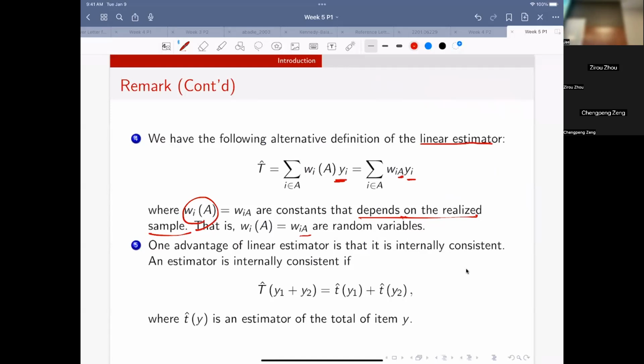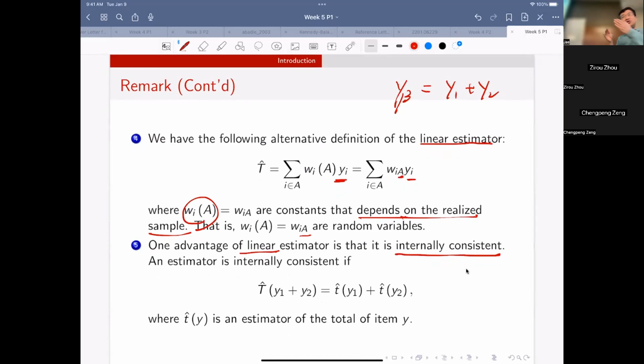And this linear estimator is actually quite attractive because of a property called internal consistency. So what do I mean by internal consistency? If this is linear, then your estimator applied to, suppose you construct Y3 from Y1 and Y2.